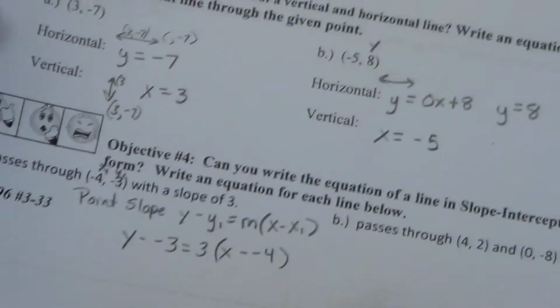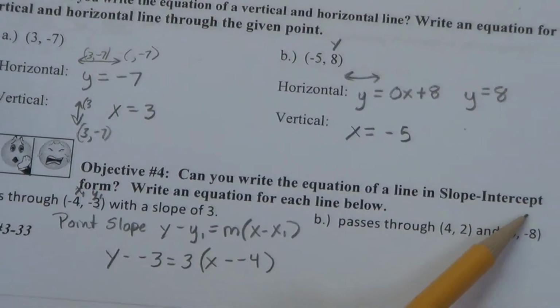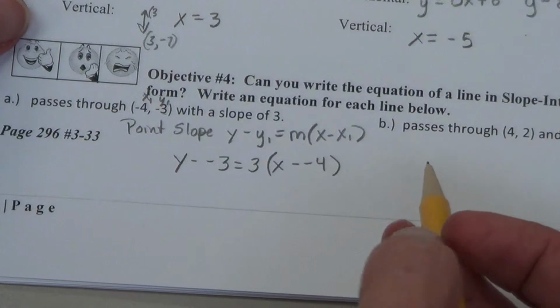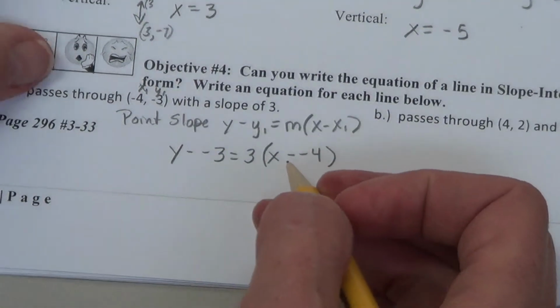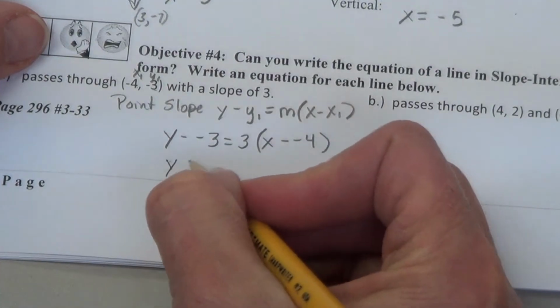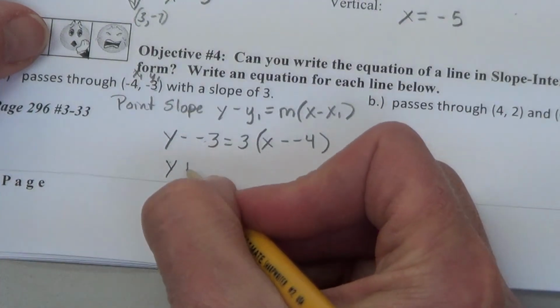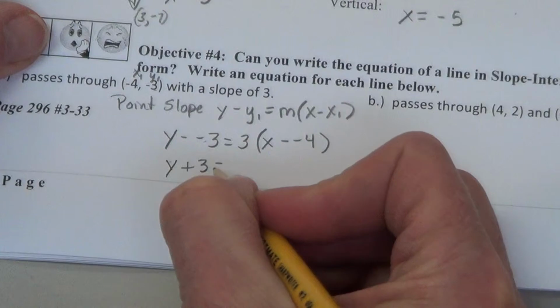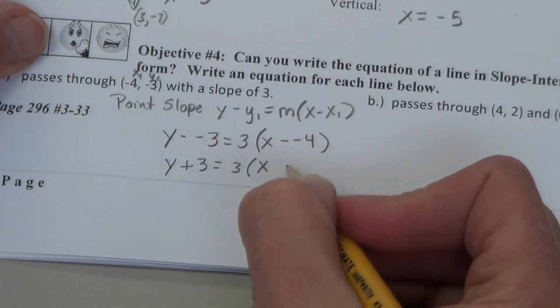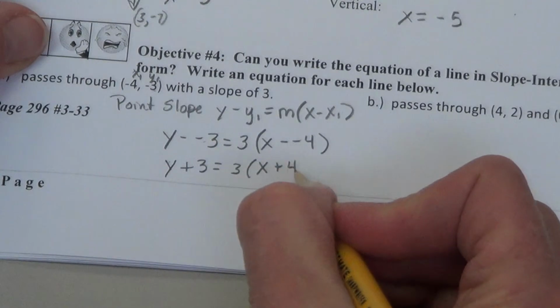Now it does ask us to put this in slope-intercept form up here. So we do need to get it converted to the y equals mx plus b, which all of you guys are very good at doing your algebra now. So we have y, negative and a negative makes a positive 3. 3, x, negative, negative makes a positive 4.